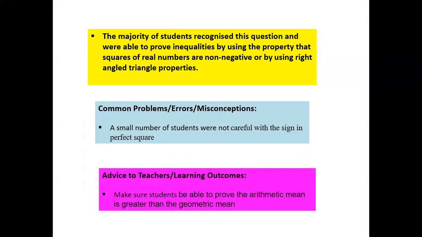The advice to teachers is to make sure students actually know how to prove these types of questions, not just memorize them. If there's no showing, they can use it. If it's showing, then you've got to know how to show. And in proving, make sure they don't skip any step and they give reasons as well.